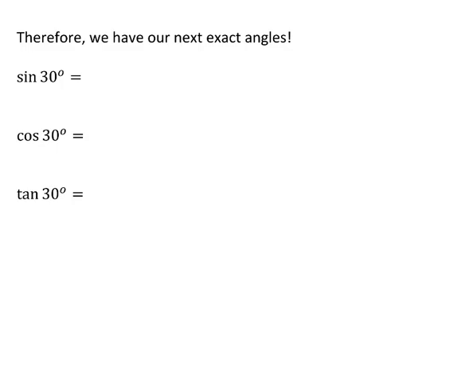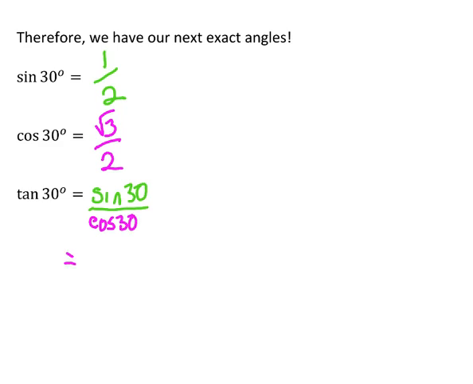Okay, so let's just summarize that. Sine of 30, we did first, that's the y value. That was equal to 1/2. Cos of 30 is equal to root 3 over 2. And tan of 30 is going to be sine of 30 divided by cos of 30, which is, the sine was 1/2, right, divided by the cos, which is root 3 over 2.